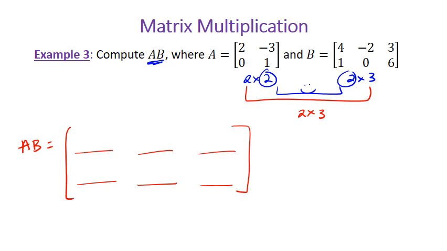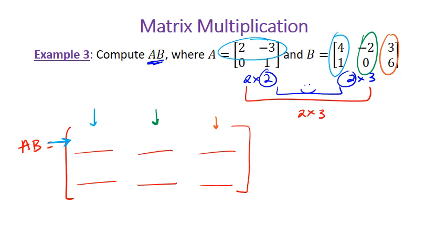And what I'll do is I always take the rows times the columns. So in order to do that, I'm going to take this row. Since this is the first row, the result will go in the first row. And I'm going to multiply it by each column. And each column I multiply will go in the corresponding column. Okay, so here's what we'll do.